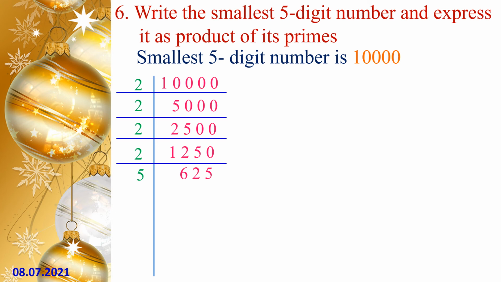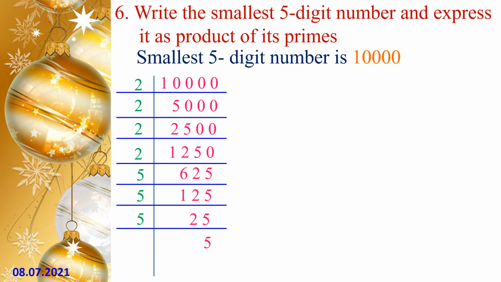625 divided by 5 we get 125. So 125 is also divisible by 5. 125 divided by 5 we get 25. 25 is also divisible by 5. So we get 5.